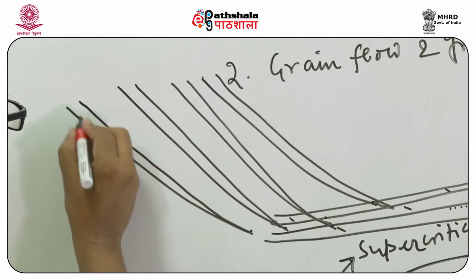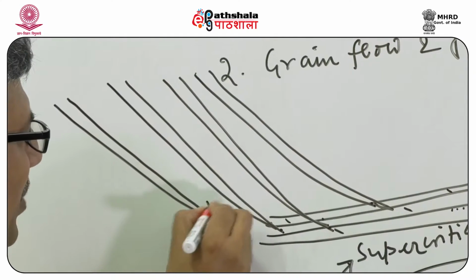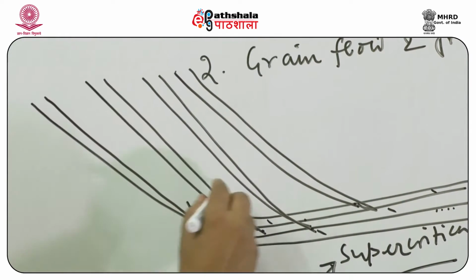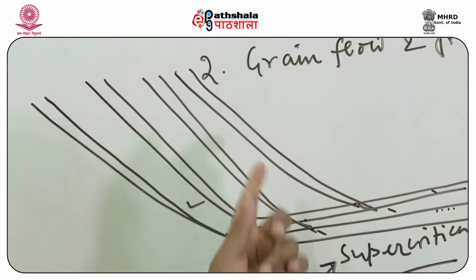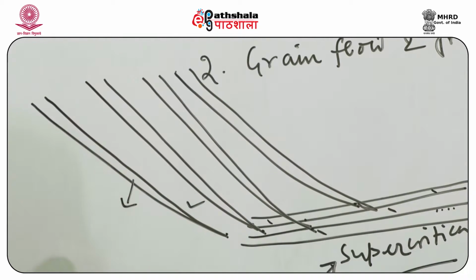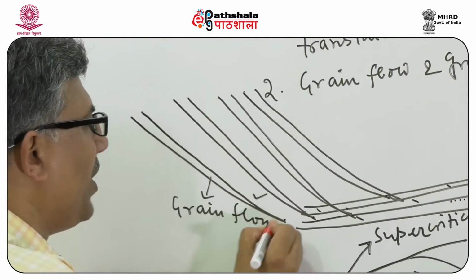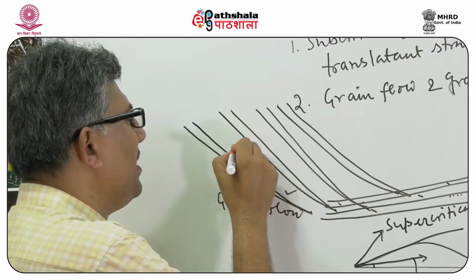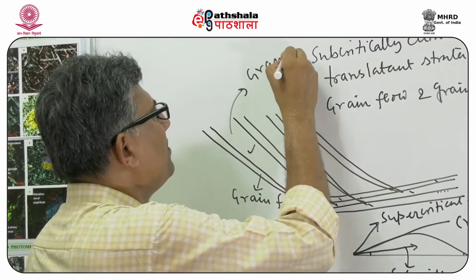You can see there are some wedge shaped units which are wedging downward, and in between them are portions that wedge upward. The wedging downward unit we call the grain flow strata, and the wedging upward unit, intermediate between two grain flows, we call the grain fall unit.